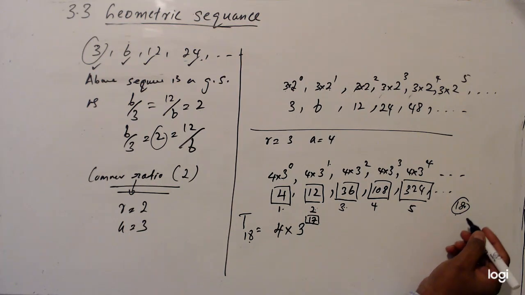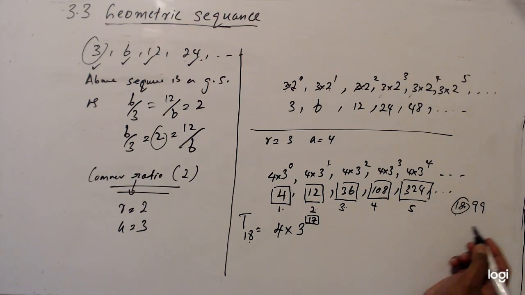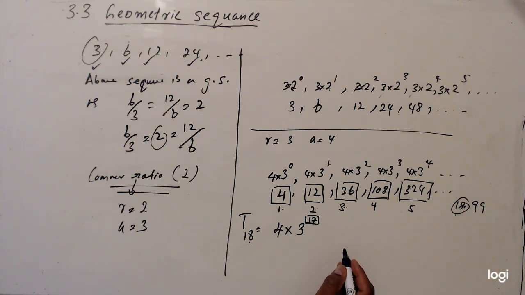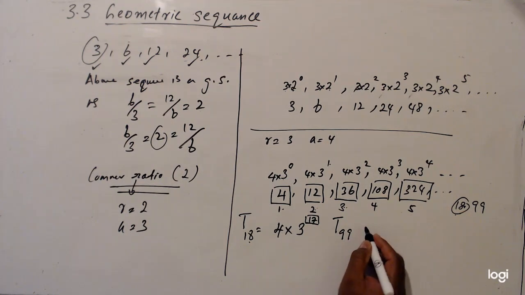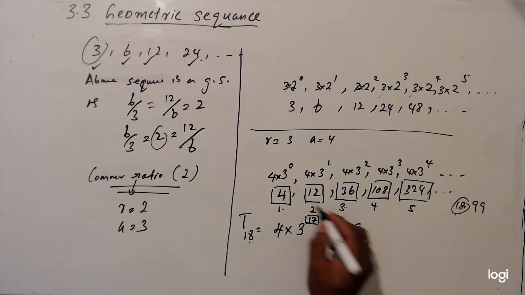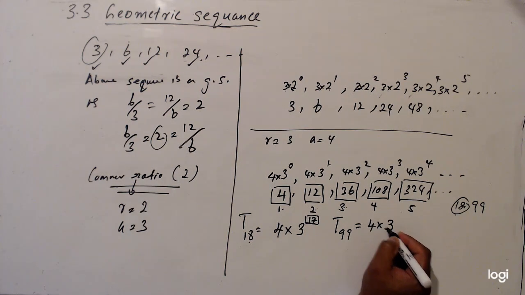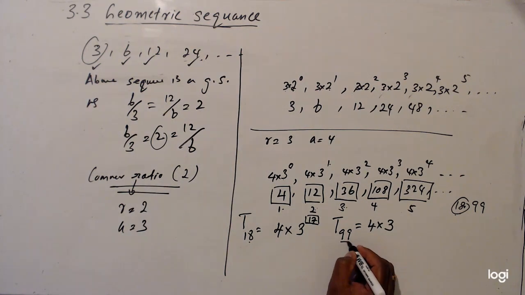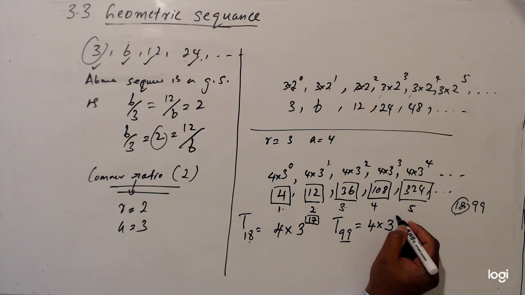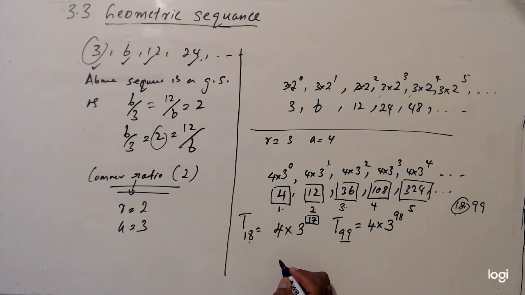Another one, 99 term. So we can write T99, term 99. So we need the first one, and then we need the ratio, and 1 less than the term, that is 99 minus 1, that is 98.